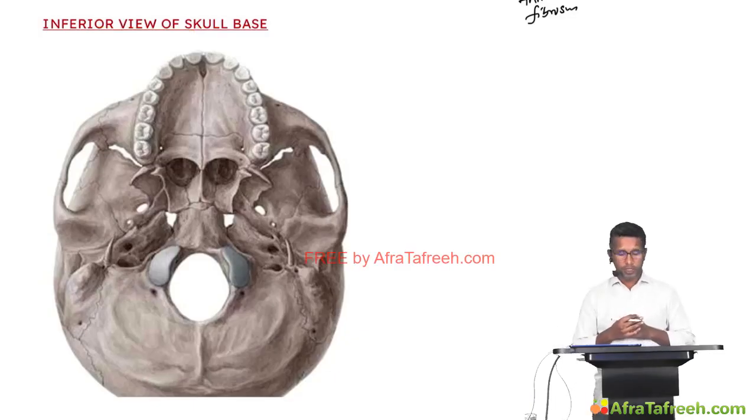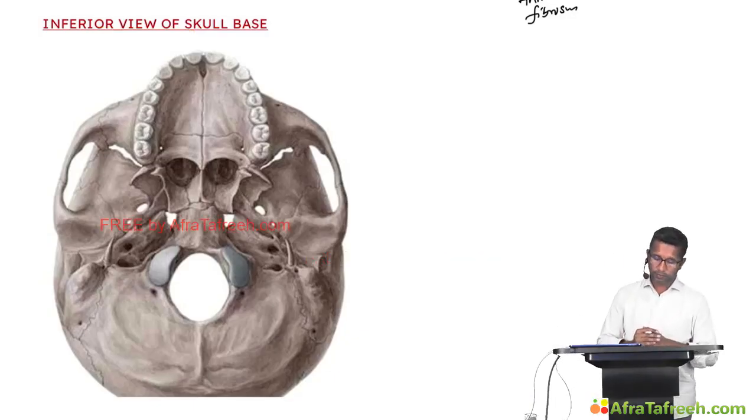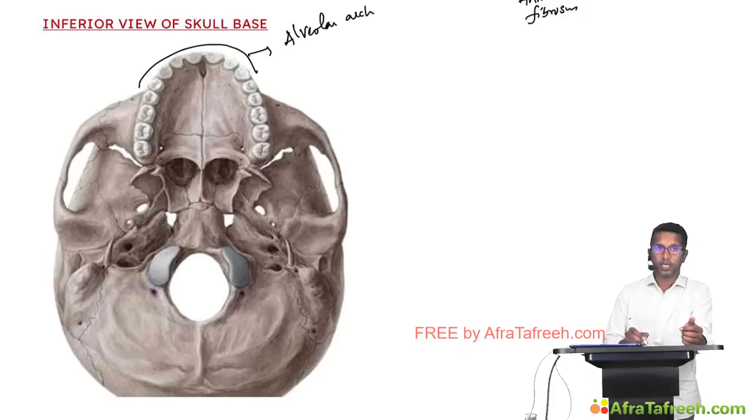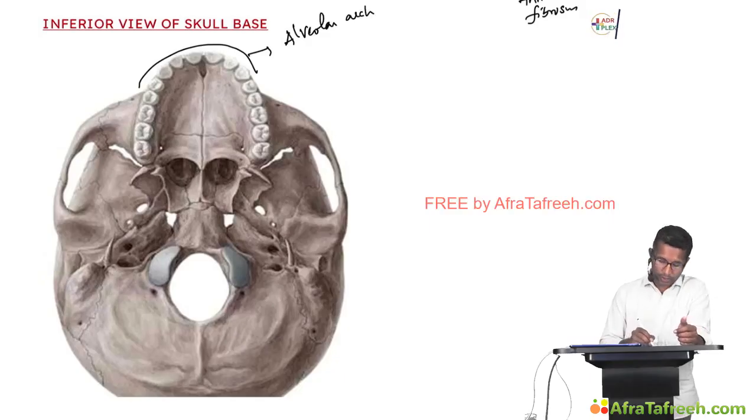When you see this, you see the hard palate here. You see the alveolar arches here. And just behind the alveolar arch you get a canal. This canal is called the incisive canal.